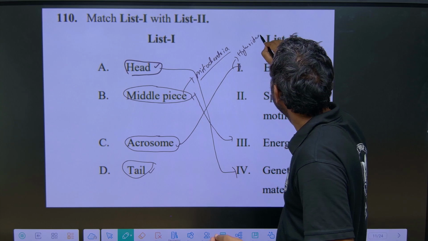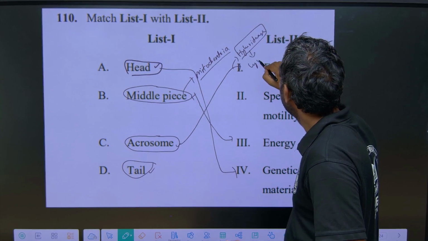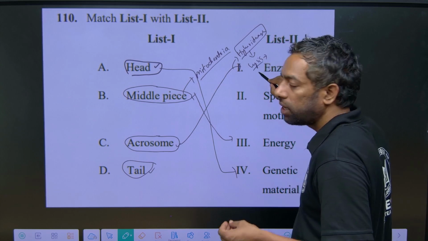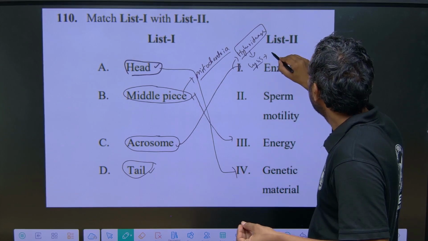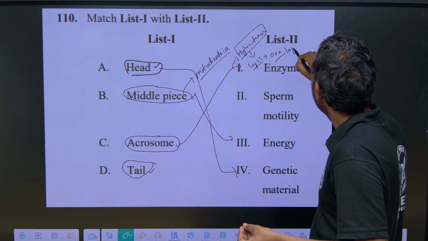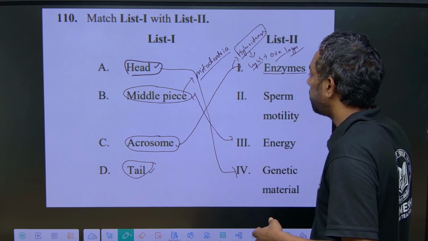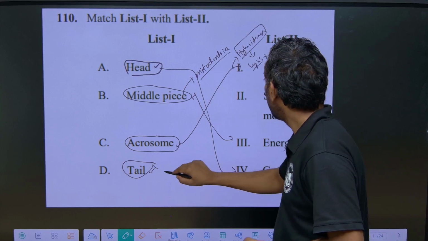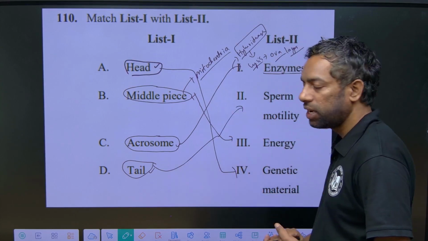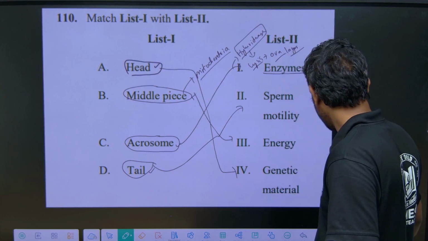They can lyse the ova layer. So acrosome has a particular enzyme. Tail is obviously for sperm motility. It is a very simple question for you. Next one.